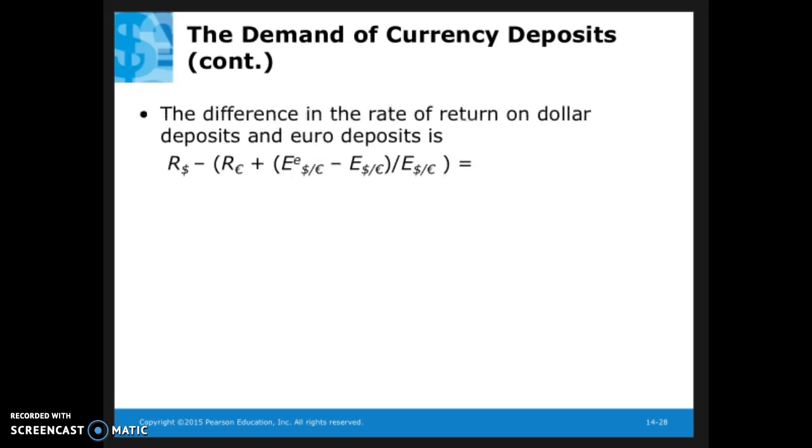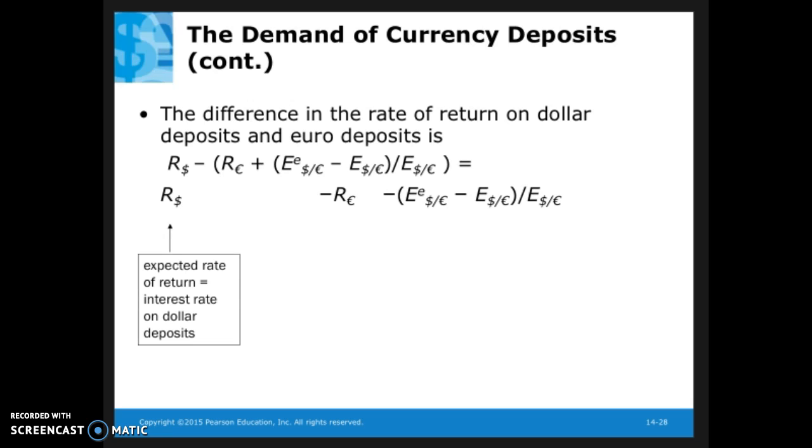So the demand for currency deposits equals R in dollar terms minus R in euro terms plus E^e in dollar per euro terms minus E in dollar per euro terms, divided by E in dollar per euro terms.